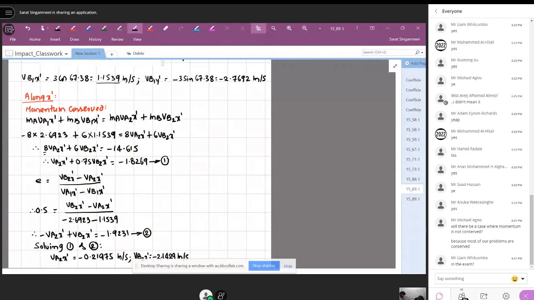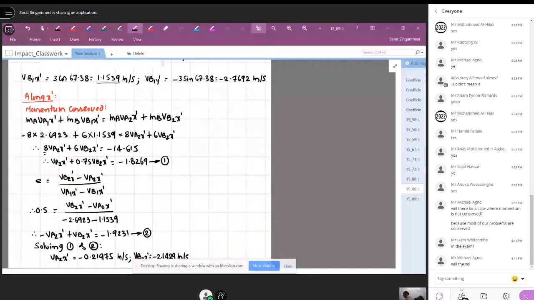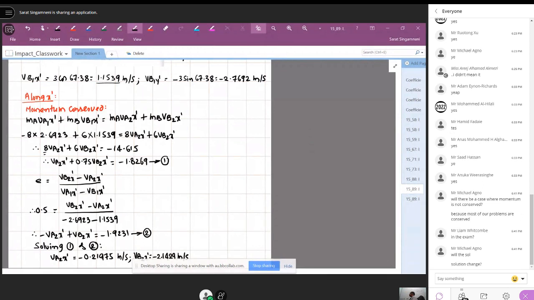In sudden impact situations, momentum is always conserved, but energy is not conserved. What do you mean in the exam, Mr. Liam?